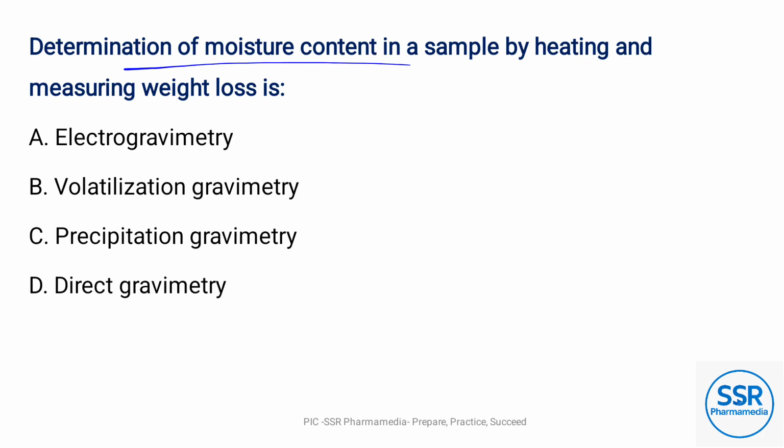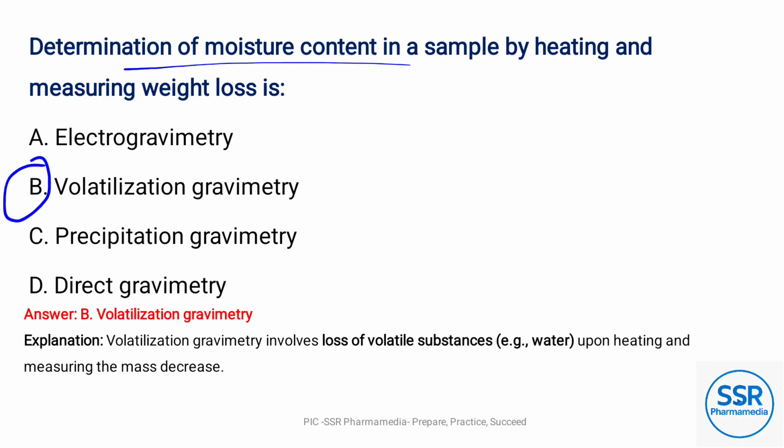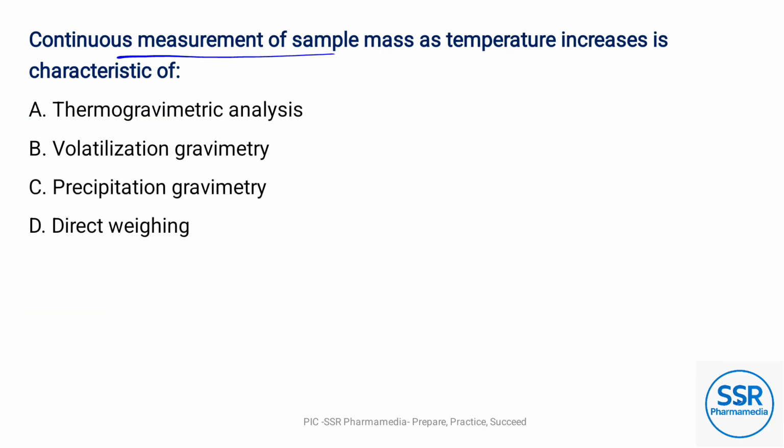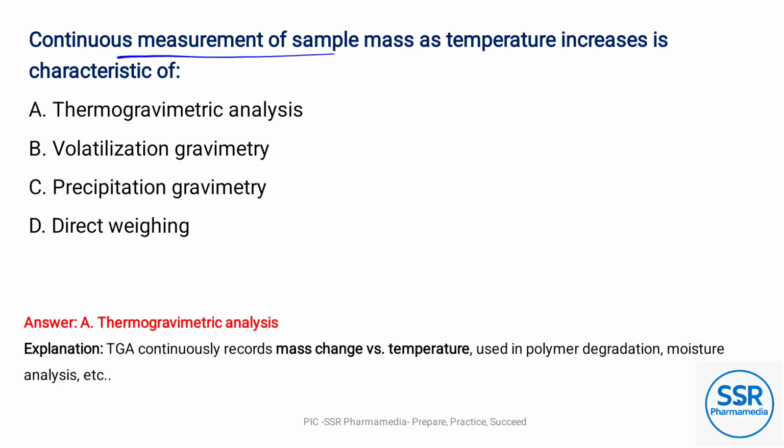Determination of moisture content in a sample by heating and measuring weight loss is, option B, volatilization gravimetry. Continuous measurement of sample mass as the temperature increases is characteristic of, option A, thermogravimetric analysis.